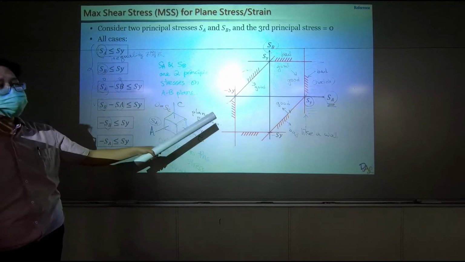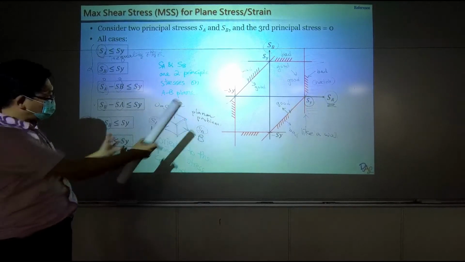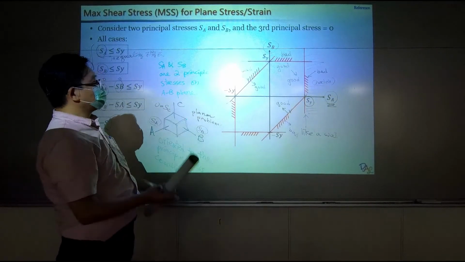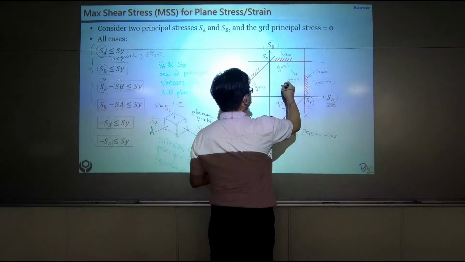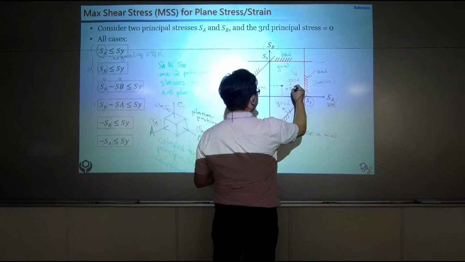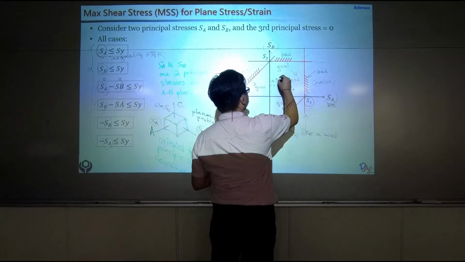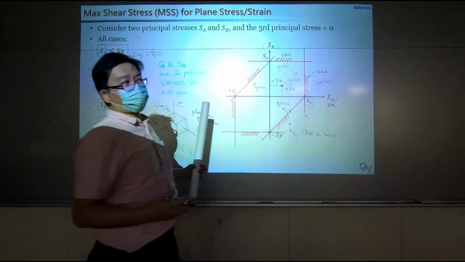If it's inside the shape, I guarantee you it's safe. No matter what orientation you are talking about, let's say if we are having a design right here, that means you have positive SA, you have positive SB, and it's within this region, no yielding.